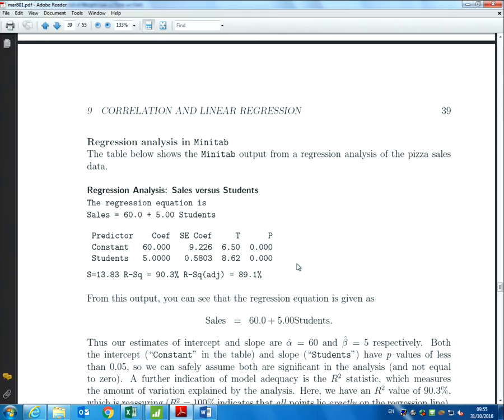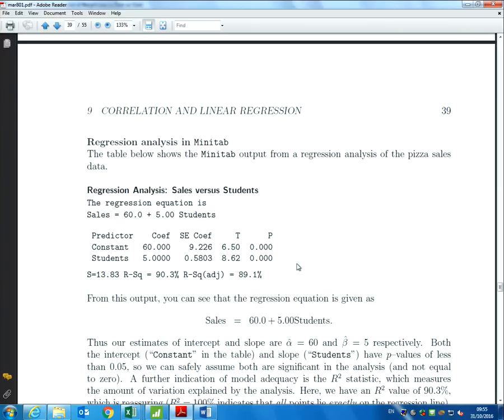Students is the x variable. Is it significant? What's the p-value for students? 0 to 3 decimal places, so we would say it's a significant variable.